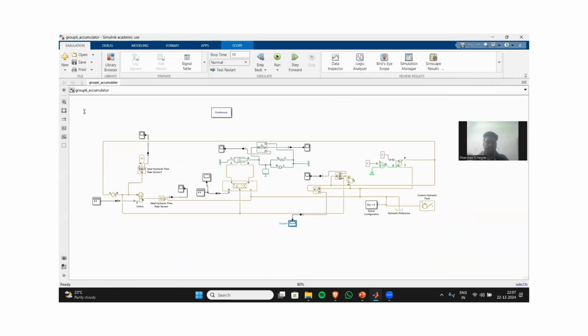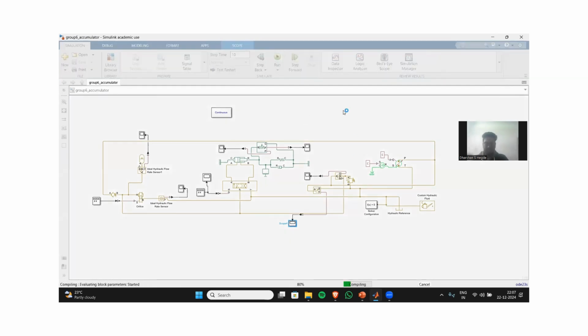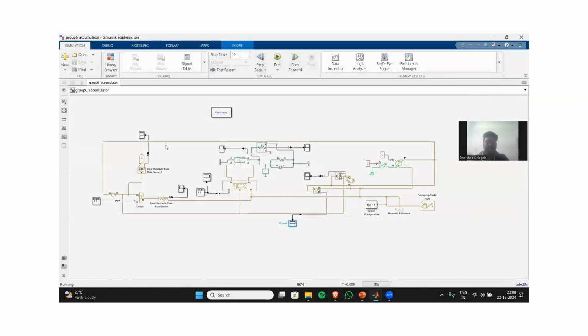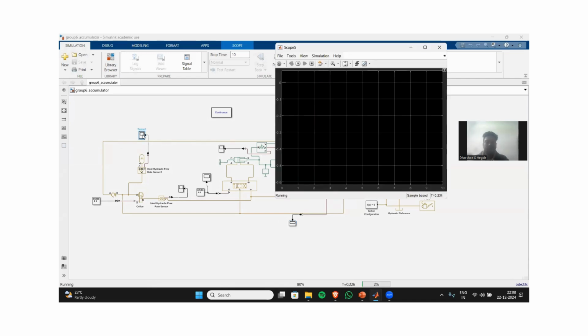This is the Simulink model. Now I'll run this program to see how the simulation occurs. For each of the Simulink model outputs, I have given a scope to visualize the graphs. This is the flow rate from the accumulator. I've used a cycle of 2 seconds and given a delay of 4 seconds for the charging purpose.